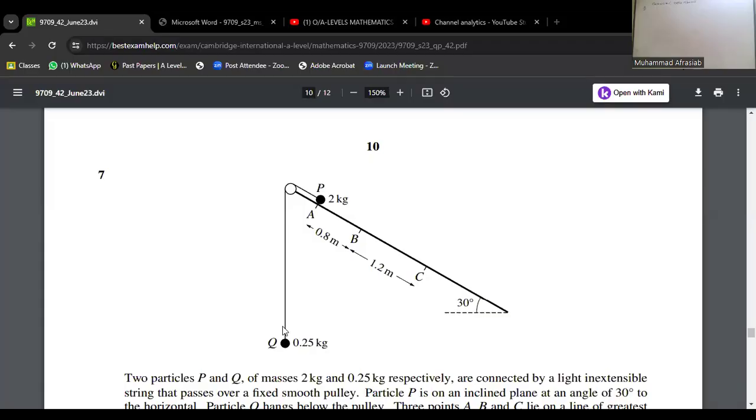Two particles P and Q of masses 2 kg and 0.25 kg respectively are connected by a light inextensible string that passes over a fixed smooth pulley. Particle P is on an inclined plane at an angle of 30 degrees to the horizontal.